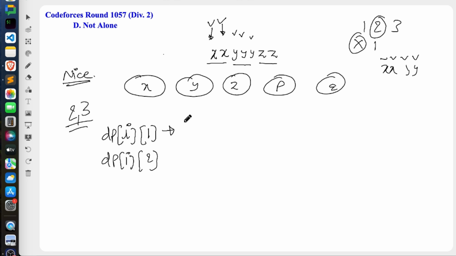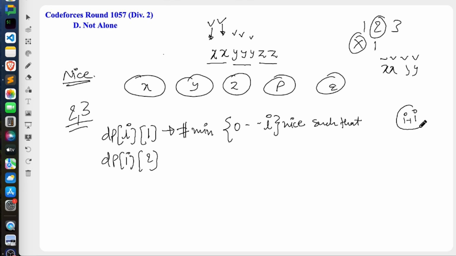DP of I, 1 will essentially tell you the minimum number of operations to convert subarray 0 to I into a nice array, such that at index I, the ith index and the I minus 1th index are part of a block of size 2, right? I minus 1 and I. So 1 would represent block size 2 and 2 would represent block size 3.